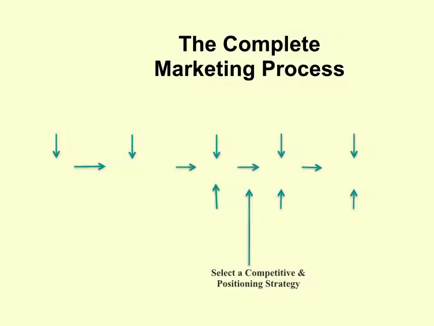We could have one to several target markets. Whether or not they're a good target market depends on whether they are measurable, actionable, substantial, accessible, and differentiable. If they are, then we can position our product.